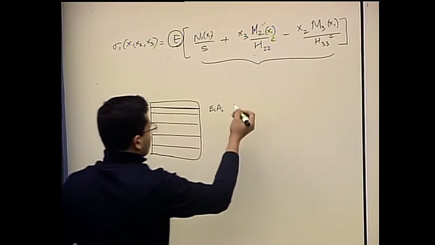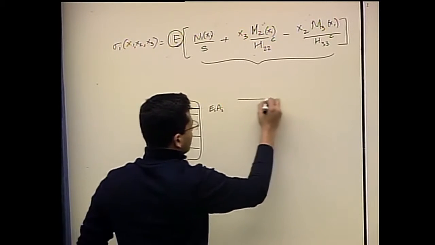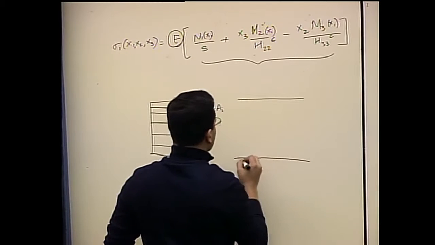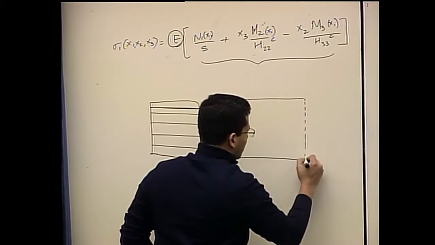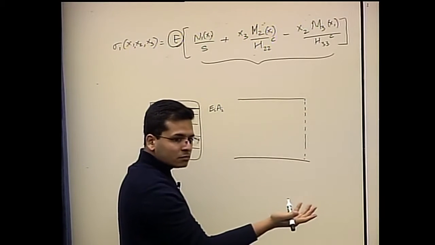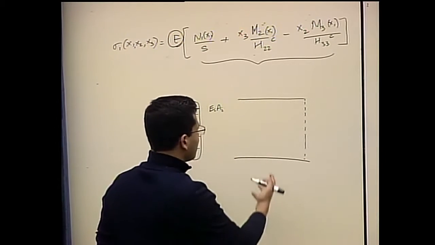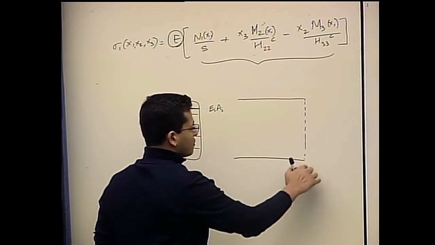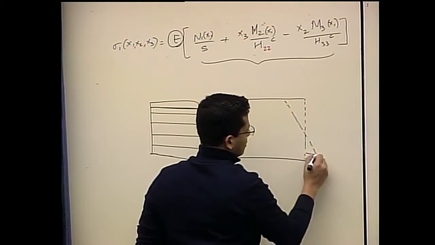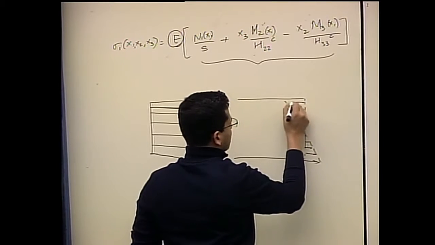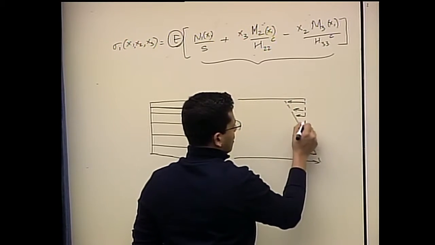So for a beam like this, whose cross section is here, this would be the initial phase of the beam, and finally the strain may look something like this if there is a moment on the beam.